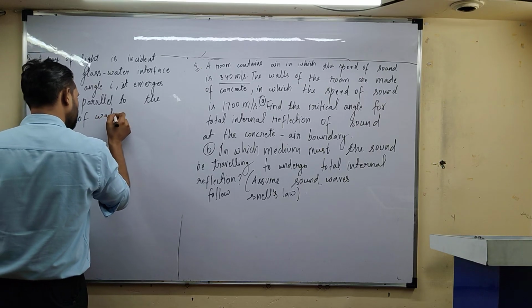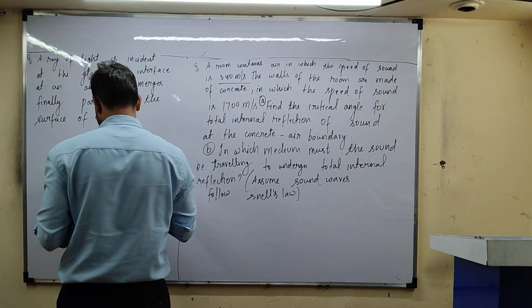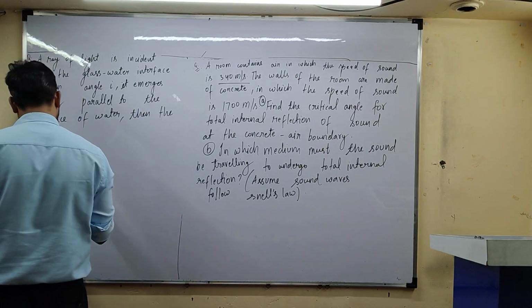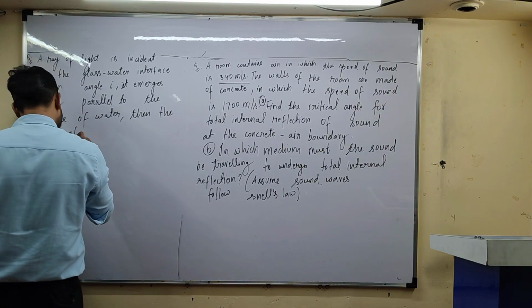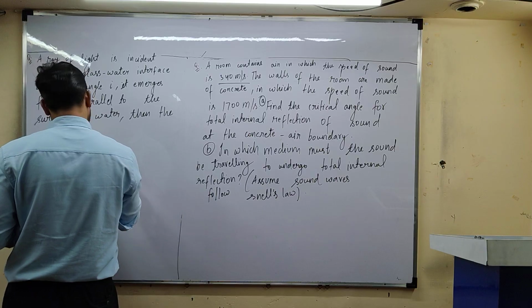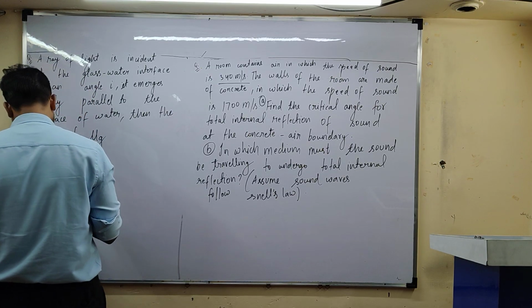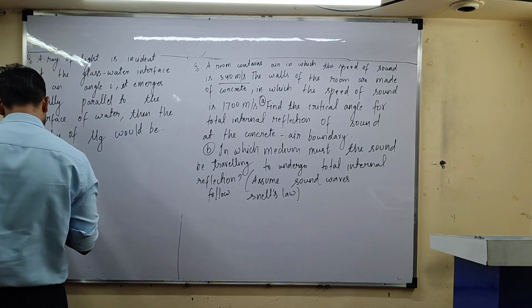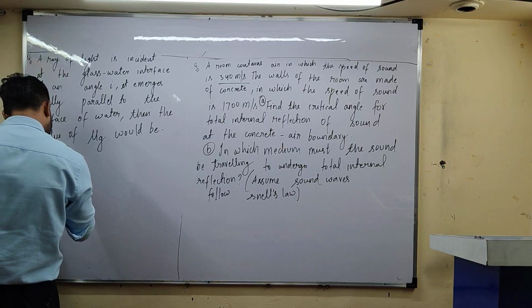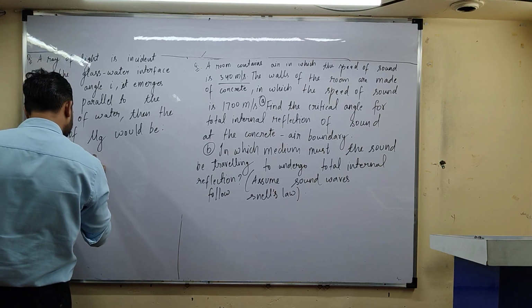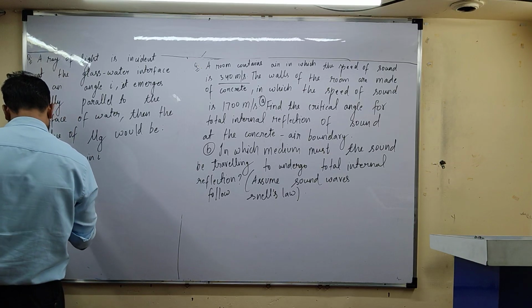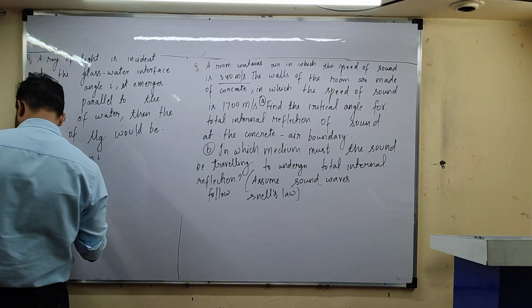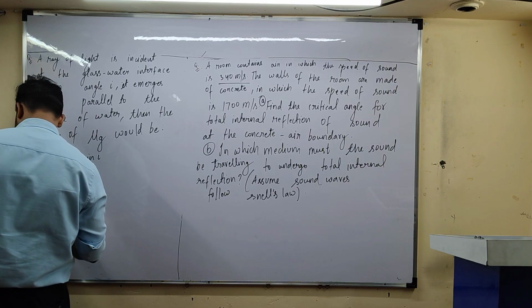Then the value of mu g would be: A, 4 by 3 sin i; B, 1 by sin i; C, 4 by 3; D, 1.